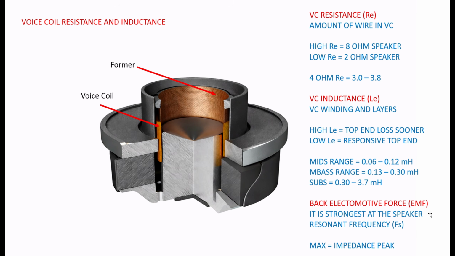And I'm going to go into a lot of detail about FS a little bit later, but basically the reason for that is because the speaker is at its natural resonant frequency, so it wants to oscillate without a lot of energy being put into the system. And the EMF actually generates what we call a maximum impedance peak, which we'll take a look at in a moment.